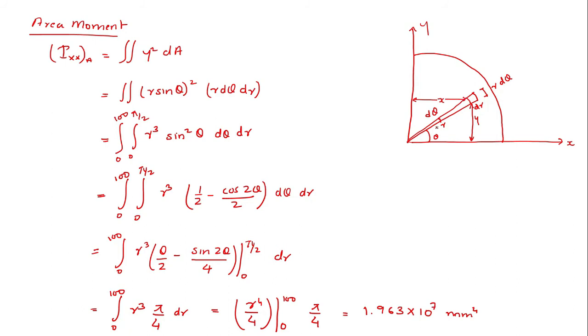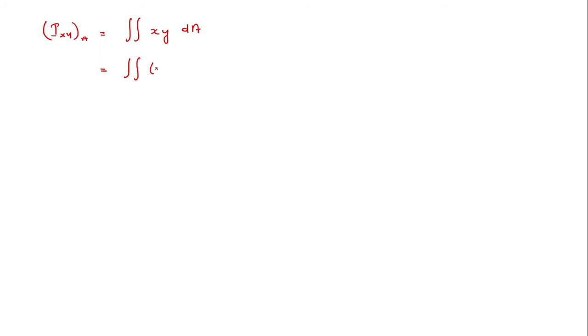So this will be r cos theta into y, that is r sin theta into dA. Now here dA as such I can represent in terms of r and theta as r d theta into dr.